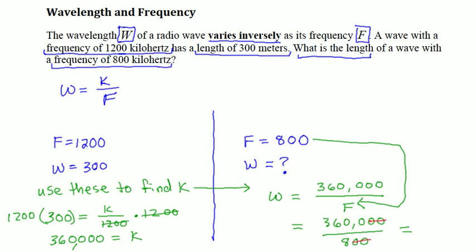So we get 3,600 divided by 8, and yes, that is 450. 450 is a value of W, which is wavelength, measured in meters. So my answer is 450 meters.